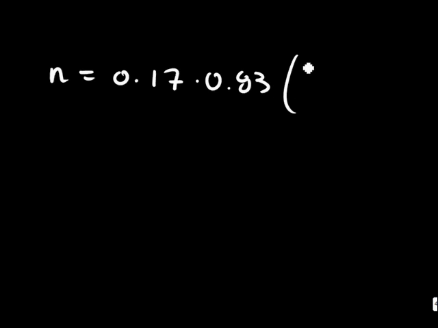So using all the information they gave in the problem, n will be 0.17 for its sample proportion times 0.83, which is its complement, and we will take 1.645 over an error of 0.07, raise it to the second power.